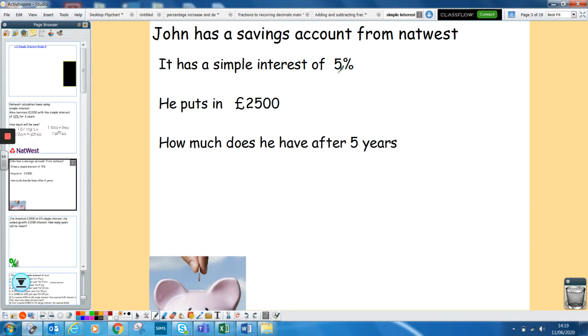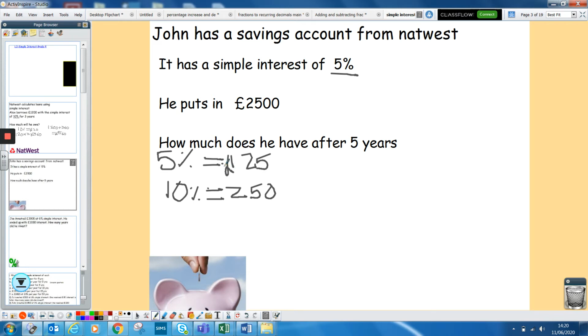So the first step is 5%. Before we do 5%, we'll get 10% because that makes it easier, because we're going to do this non-calculator. So 10% is 250. Remember, to get from 10% to 5%, you half it. So if I half 250, we'll get £125.